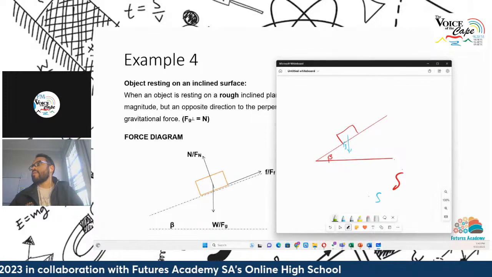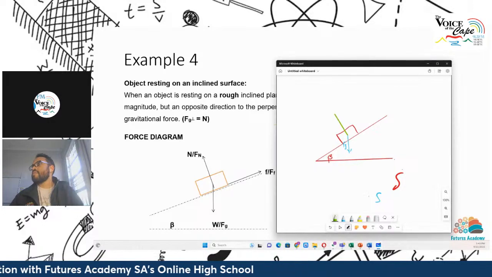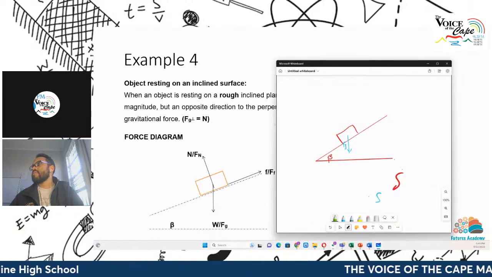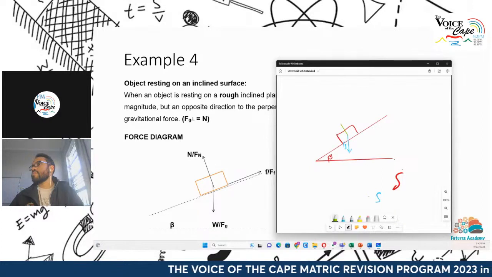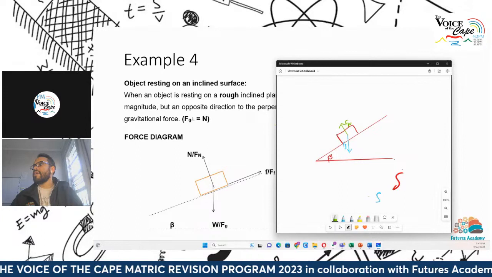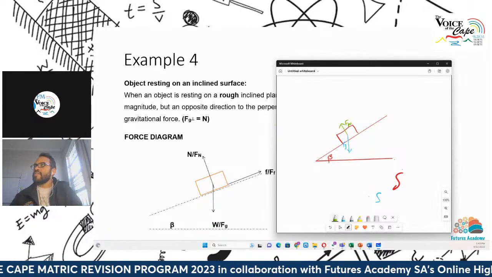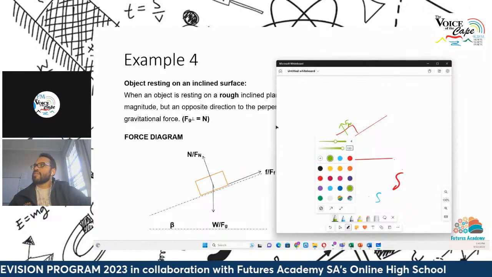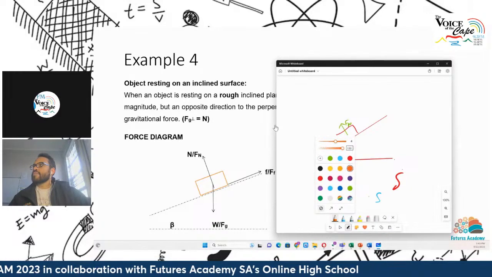And then we know that we have a normal force perpendicular to the surface there. That's Fn, our normal force. Right. However, this over here can be broken up into components. And so what are those components?